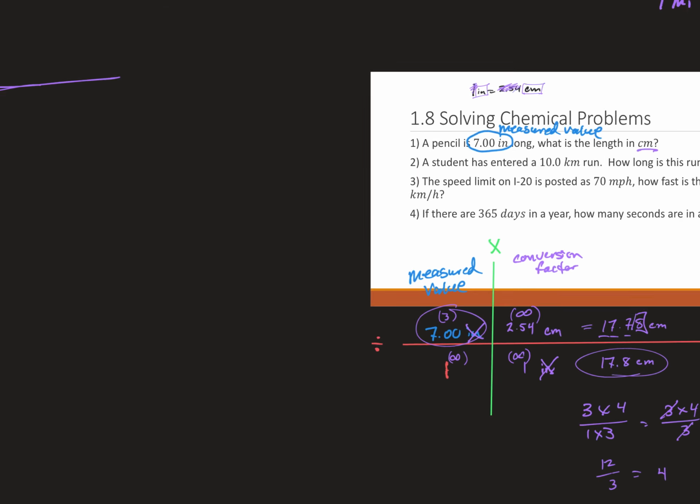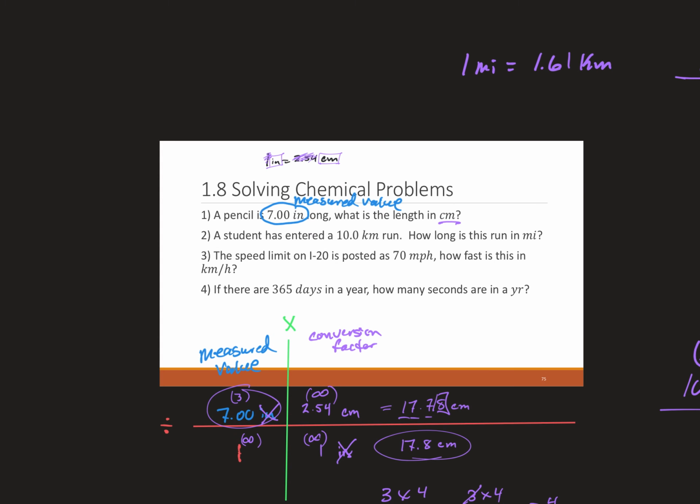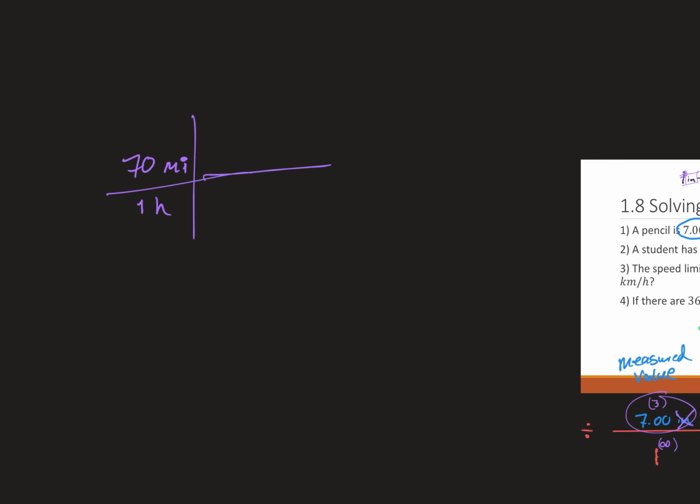We could just use the same thing we had before, right? 1 mile is 1.6 kilometers. And now you have it in kilometers per hour. So 70 times 1.61 divided by 1 is 112.7 kilometers per hour. Roughly speaking, 113 kilometers per hour.